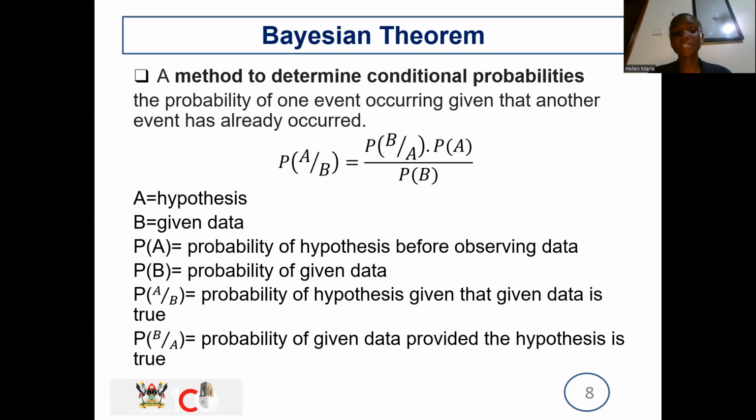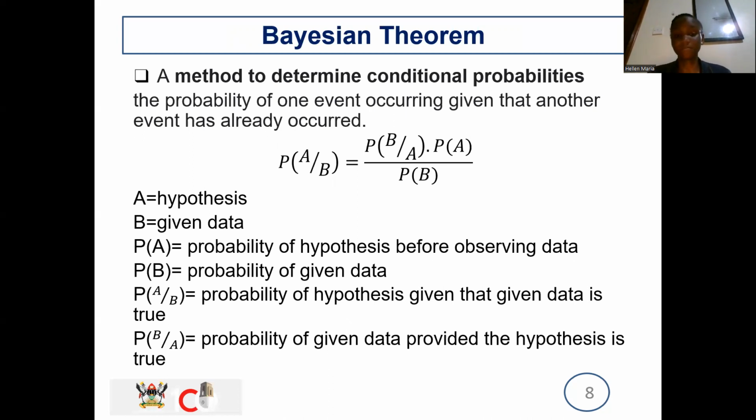And then the probability of B is the probability of the given data. Then probability of A given B, we are trying to find the probability of the hypothesis given that the data we have is true. And then the probability of B given A is the probability of the given data provided the hypothesis is true. So that's it about the Bayesian theorem.